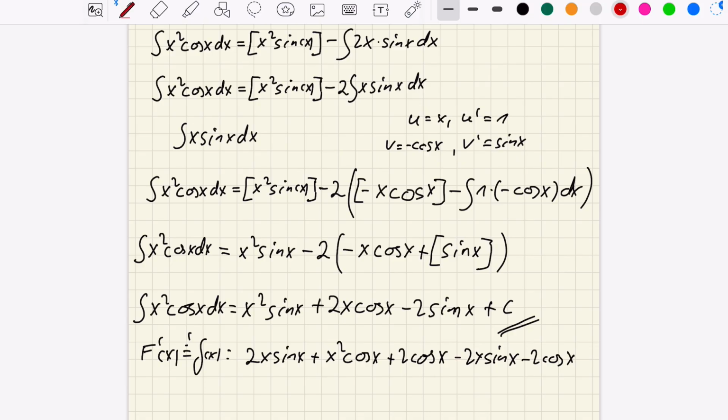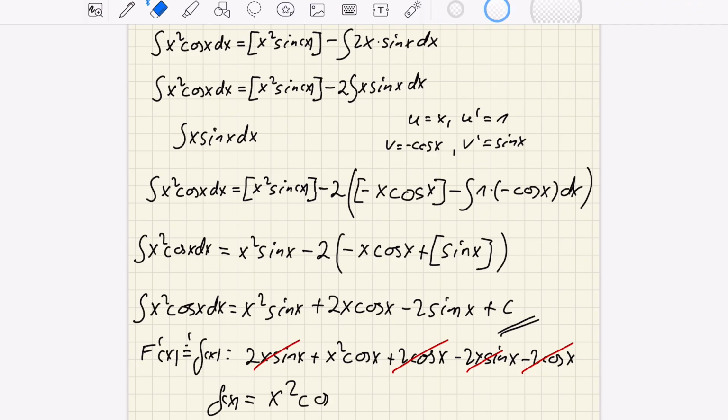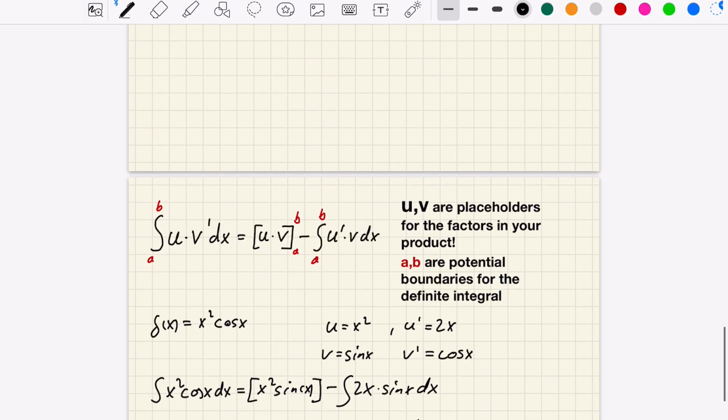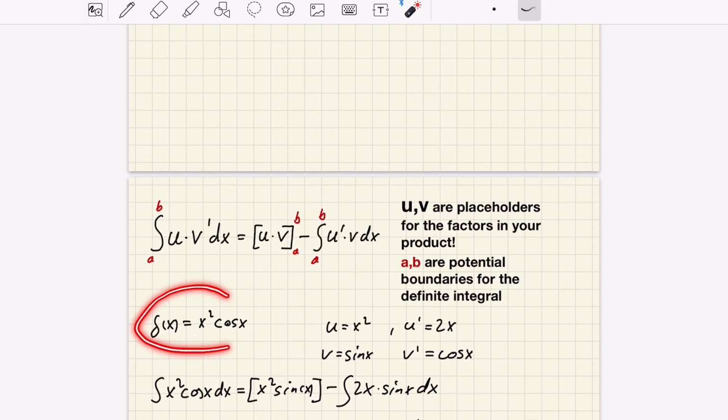And now we see 2 cosine x disappears, 2x sin x disappears with this 2x sin x, and we are left with x squared cosine x, which is our function we started with.